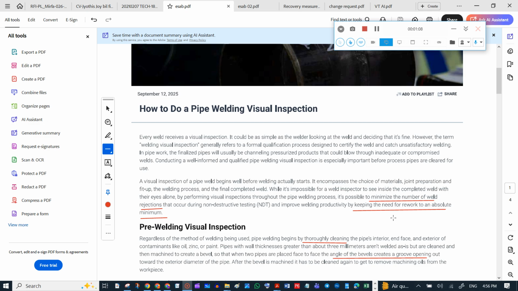How? We can improve the welding productivity by keeping the need for rework to an absolute minimum. So with visual inspections, we are achieving these two: minimizing the number of weld rejections and improving the weld productivity by keeping the need for rework to an absolute minimum.